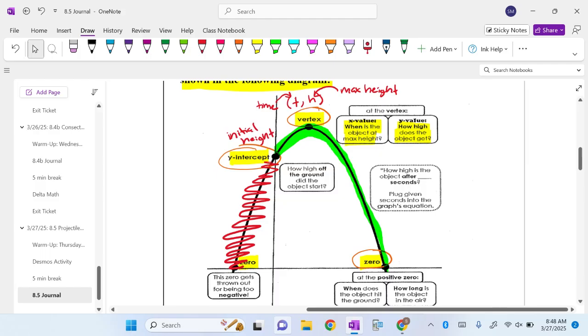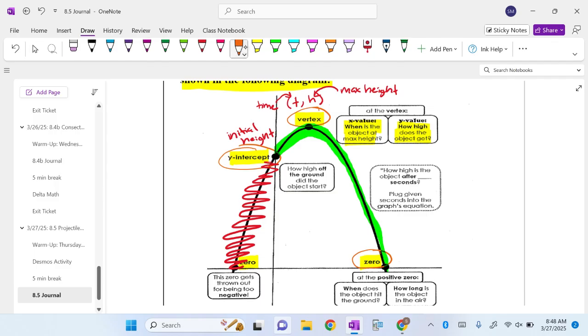Now, another question you might be asked, but not often, is how high is the object after so many seconds? If it asks how high the object is after, let's say, 5 seconds, all you've got to do is write the equation x equals that number of seconds in your calculator. Sorry, not y, x.